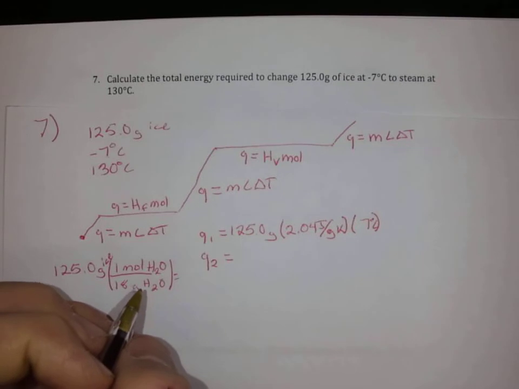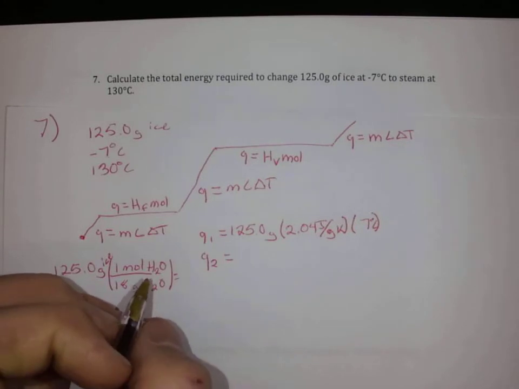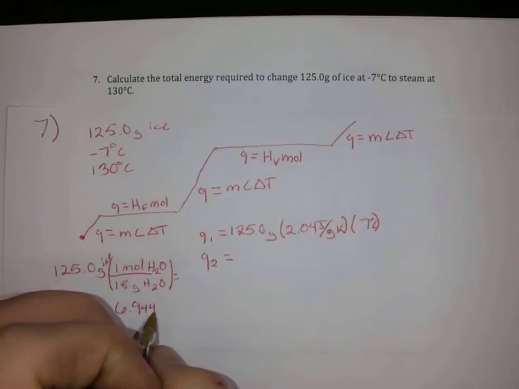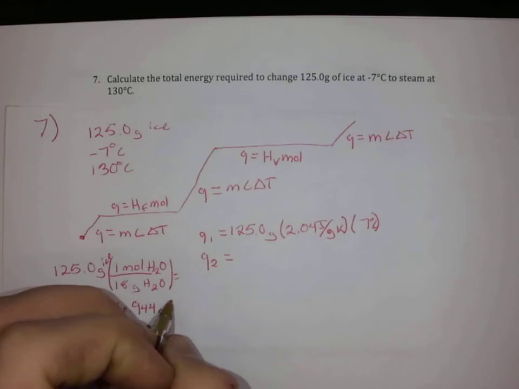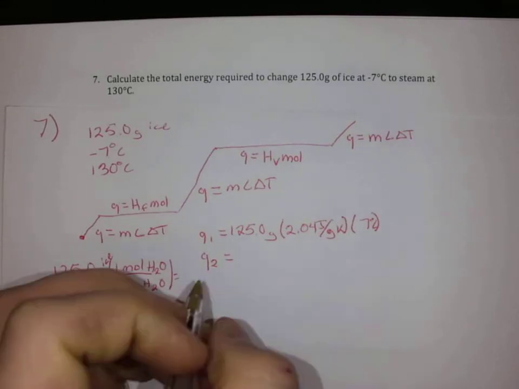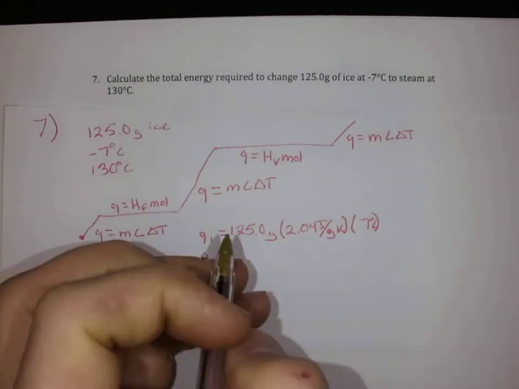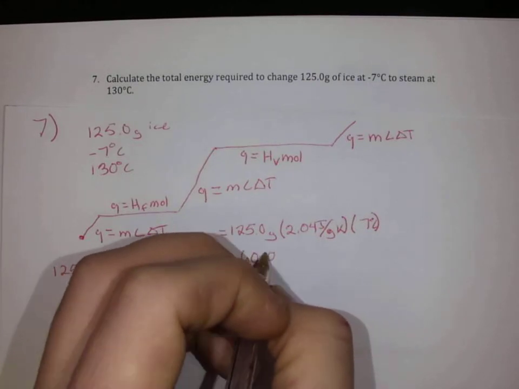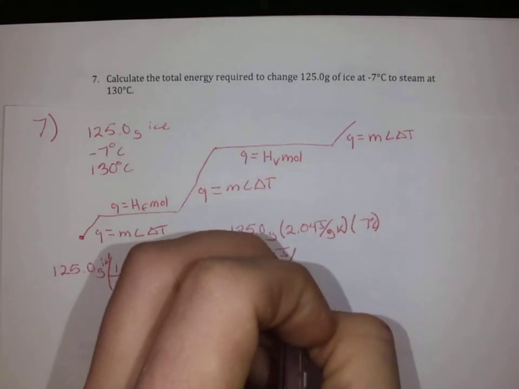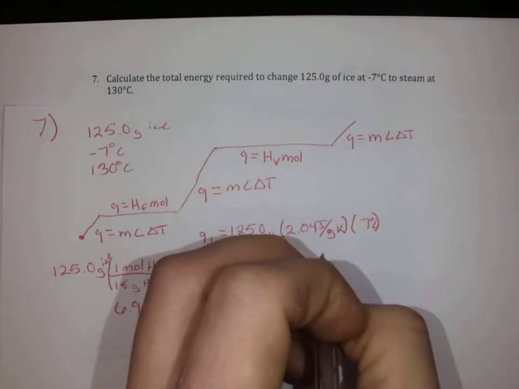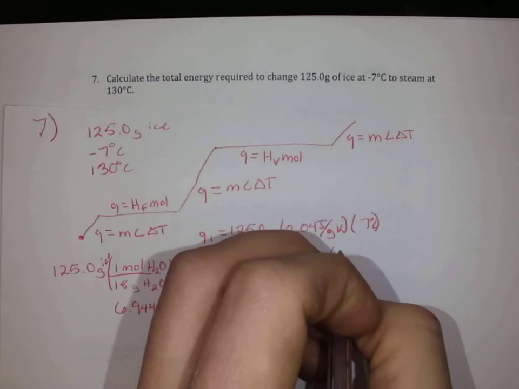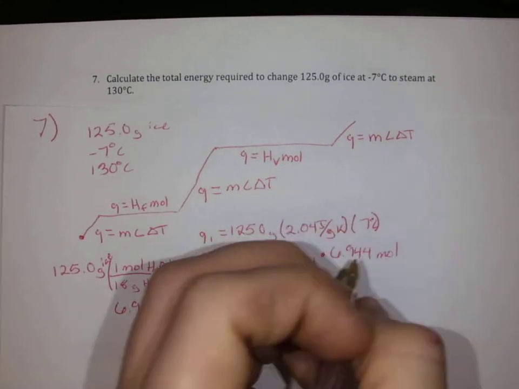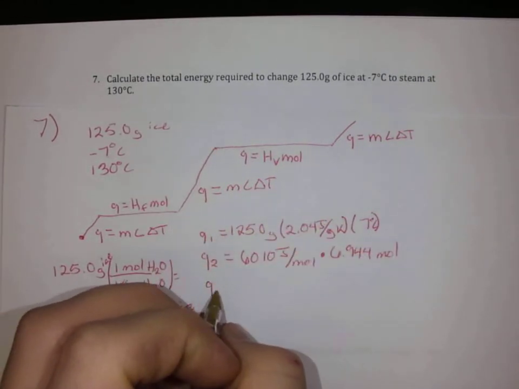So that would be 125 divided by 18, which is 6.944 moles of ice. So HF is going to be 6,010 joules per mole, and we're going to multiply that by our 6.944 moles.